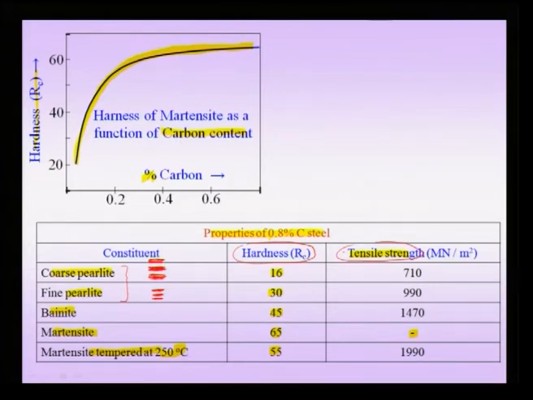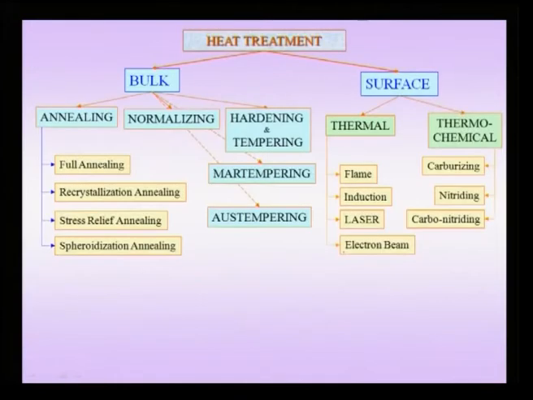So, this is a very important slide, and all students of material science should keep this important point in view, that depending on the microstructure, the hardness and all the other structure sensitive properties will change. In this slide here, we have an overview of all kinds of heat treatments. When you are trying to change the properties of a material, as I told you, you can get a handle on the microstructure by doing these heat treatments.